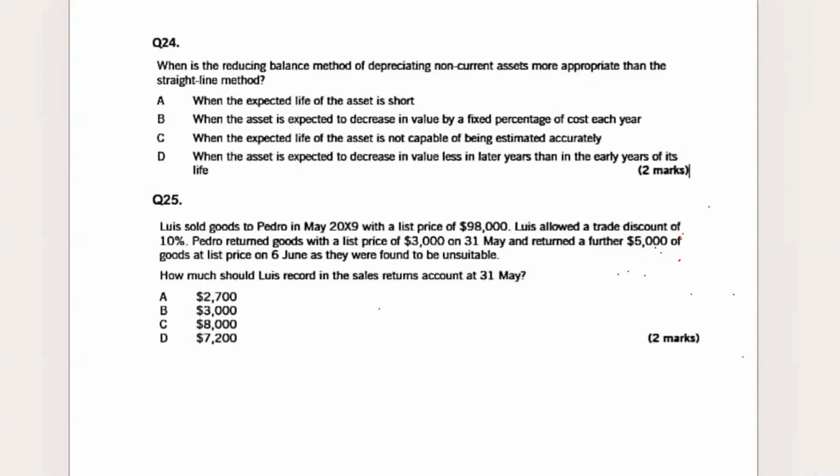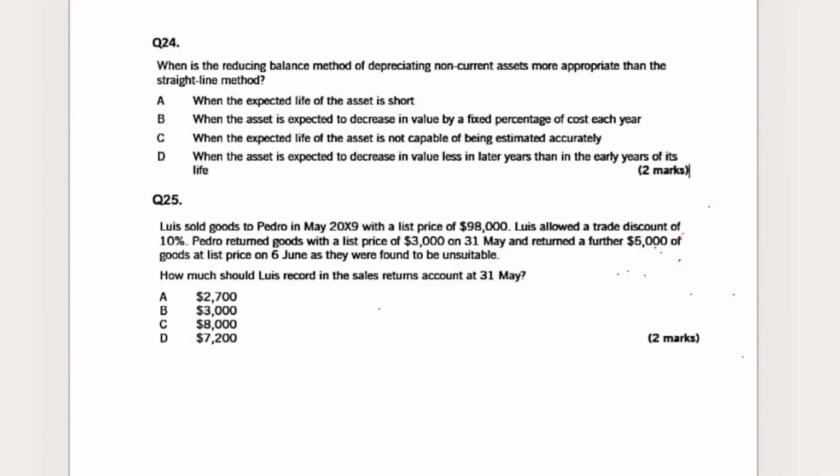Question 24 reads: when is the reducing balance method of depreciating non-current assets more appropriate than the straight line method? Number A, when the expected life of the asset is short.